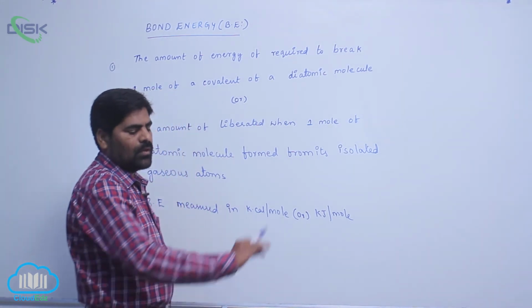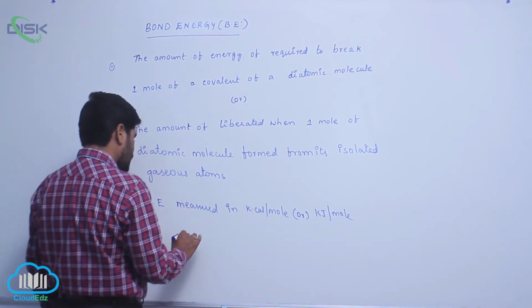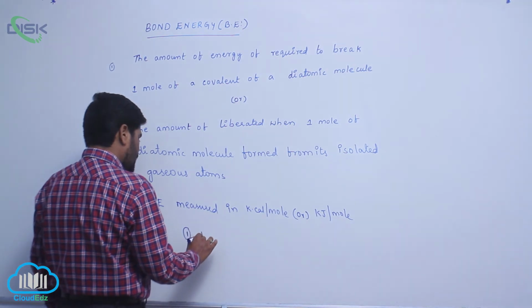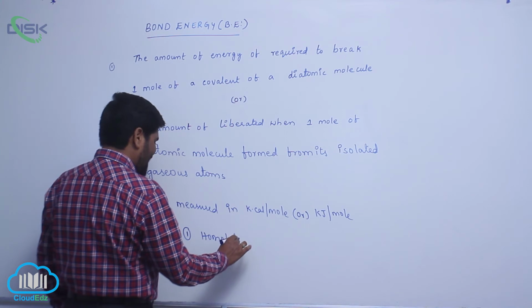Now, there are 2 types of bond cleavage. One is homolytic cleavage.